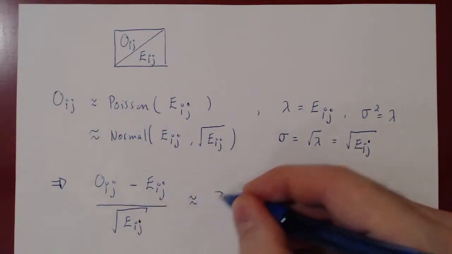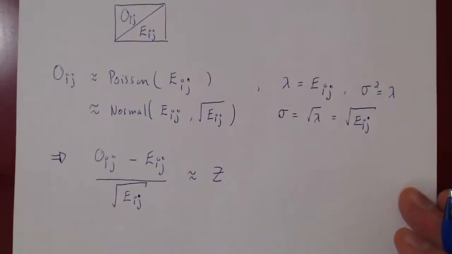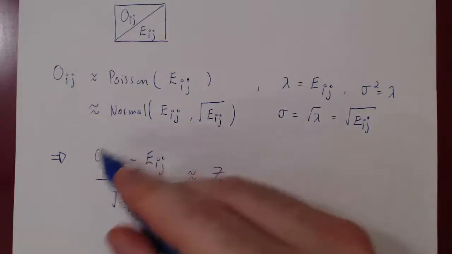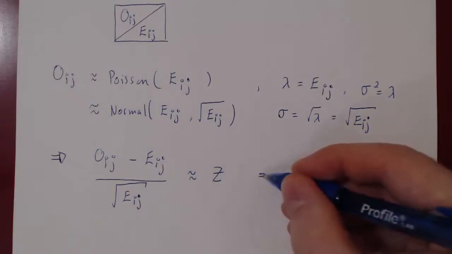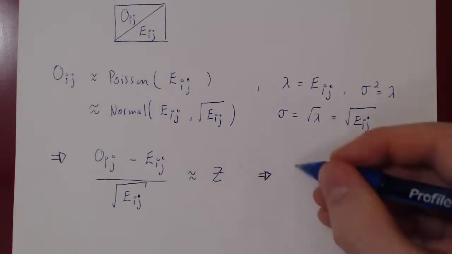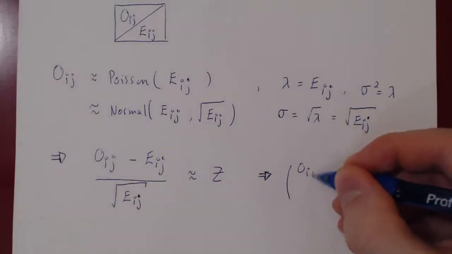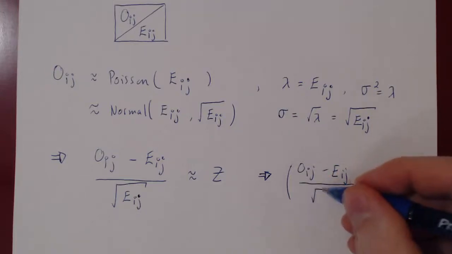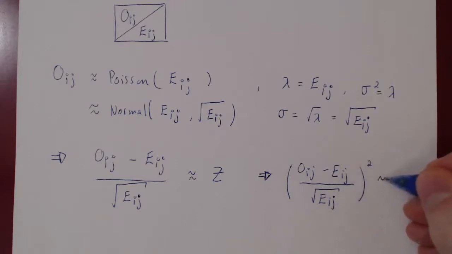This will be approximately Z, the standard normal distribution. So if we square this, we will get approximately a standard normal random variable squared. And you may ask, why am I squaring? You'll see in a second. So OIJ minus EIJ over the root of EIJ, squared, is approximately Z squared.